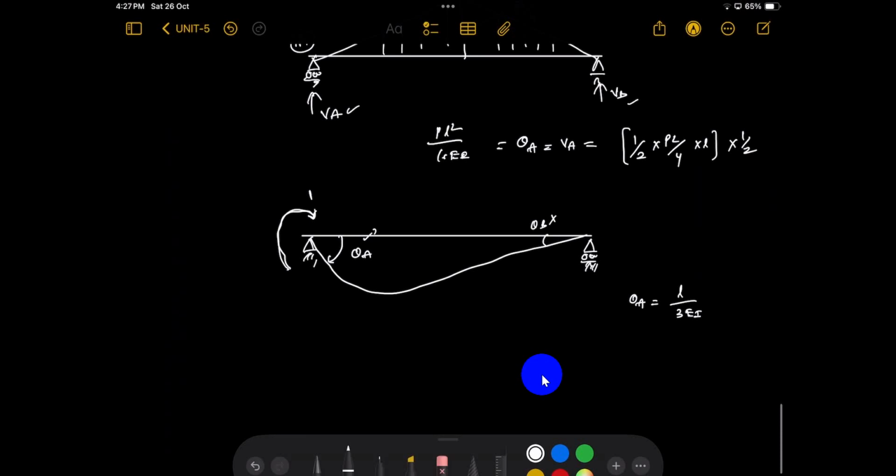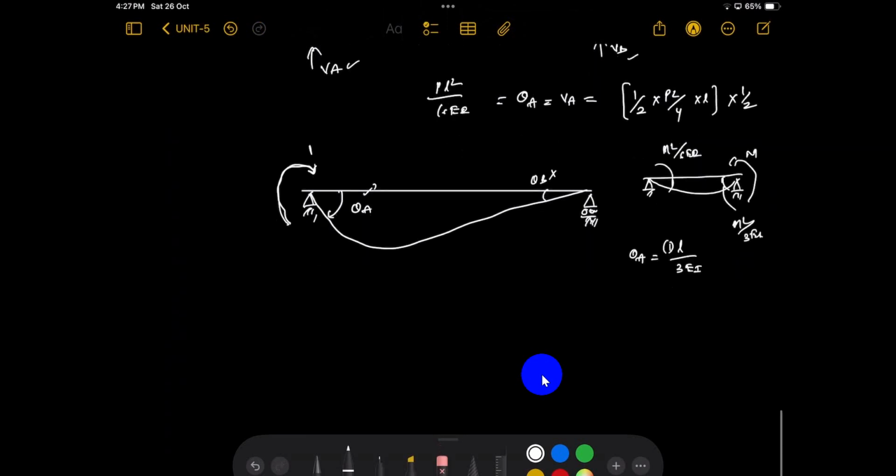If you apply a moment M, here it is ML by 3EI, here it is ML by 6EI. You already know it. M here is 1.